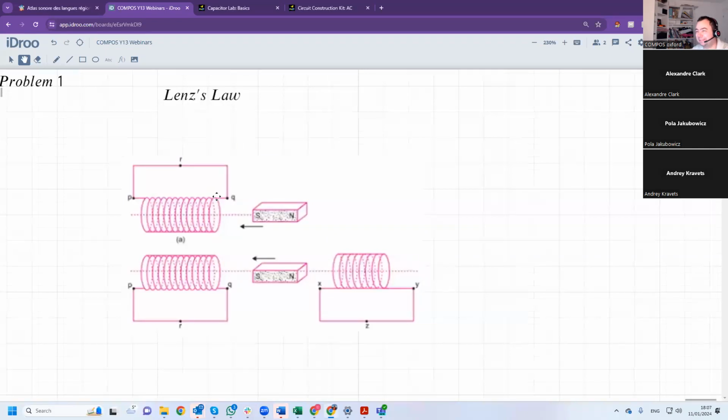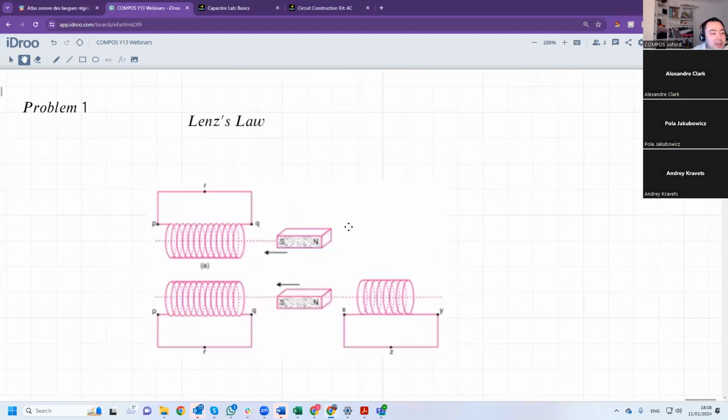Somehow, that's what they say. When you talk about Lenz's law, they say the current is induced in the opposite direction. So let's look at these examples.